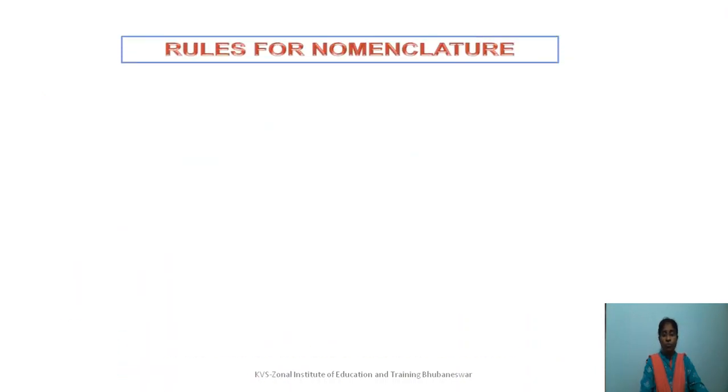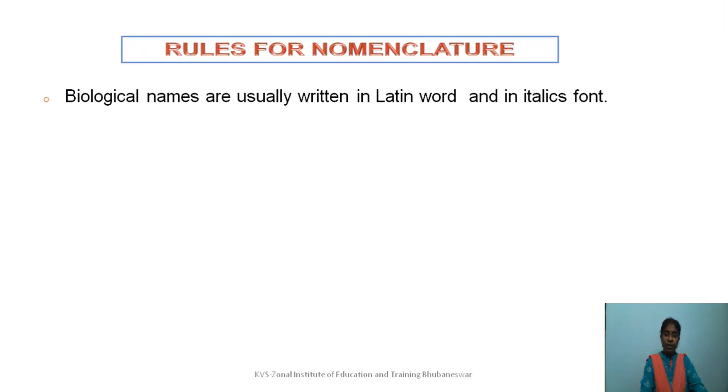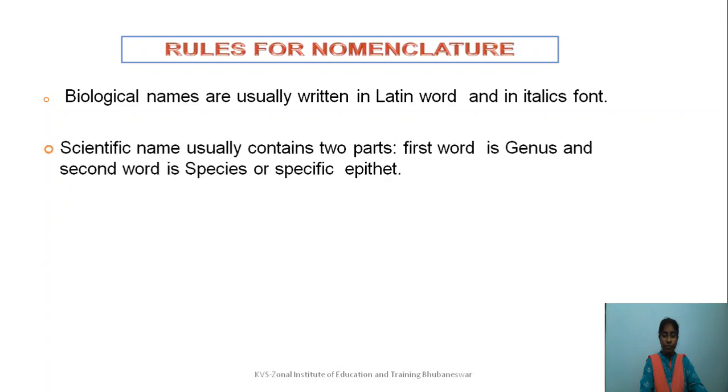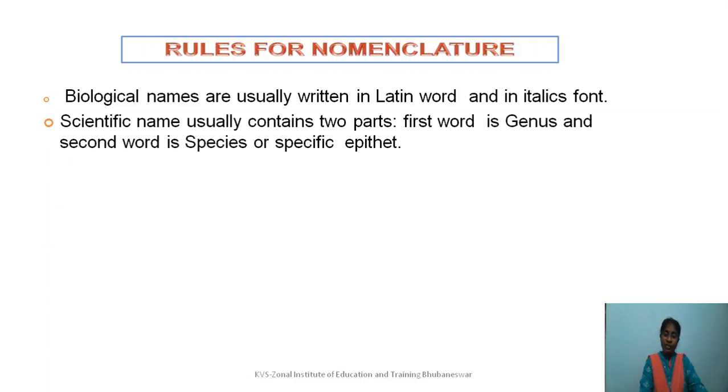Now, what are the rules for nomenclature? Biological names are usually written in Latin and in italic font, and these rules are followed all over the world. Second, a scientific name usually contains two parts.